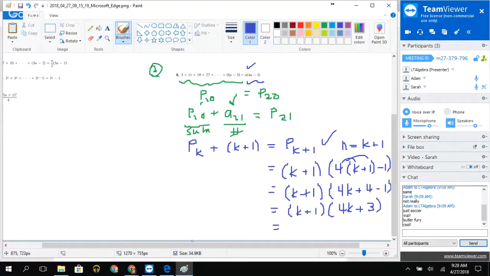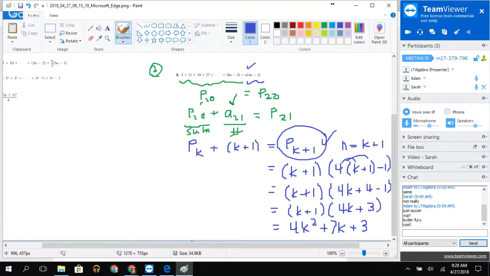Almost there. So when I get here, I'm going to use FOIL to simplify, and I get 4k squared plus 7k when I add my inside-outside, plus 3. Okay, so this represents my next term in my sequence, my k plus 1 term.